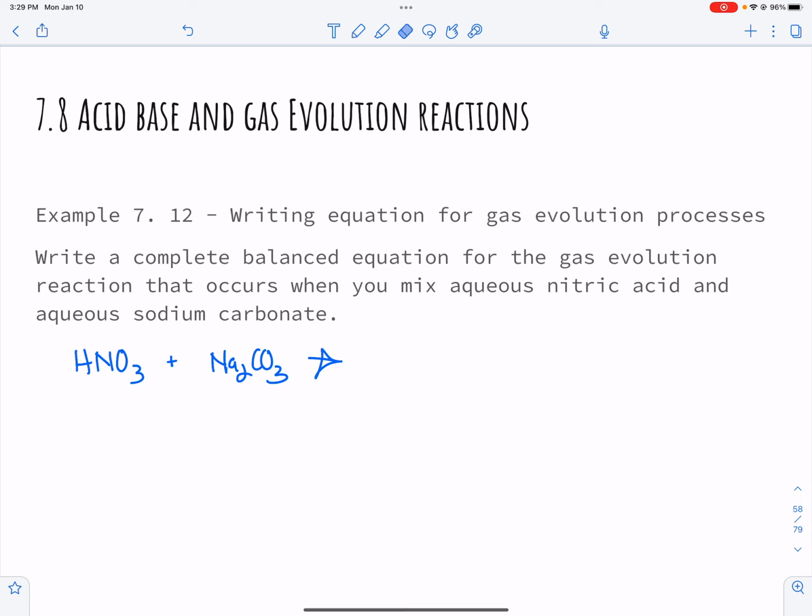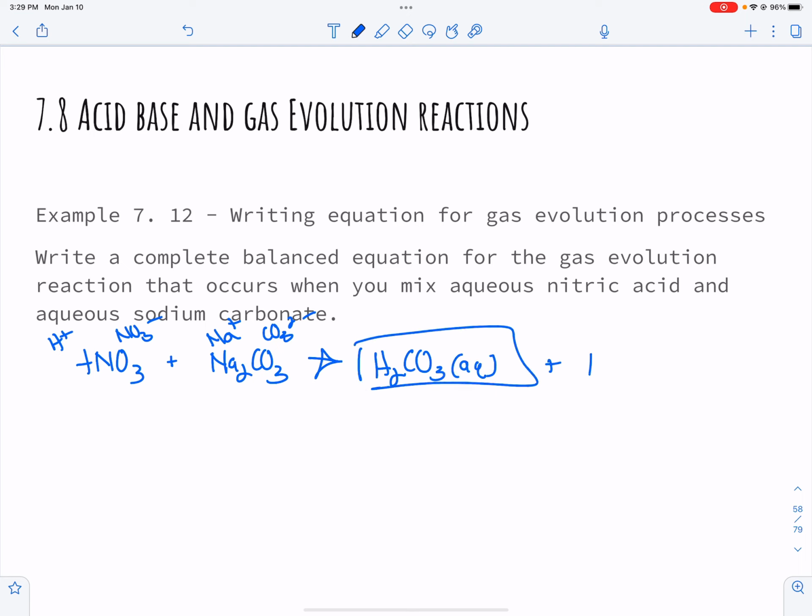So let's see, H+, NO3-, Na+, CO3 2-. So crisscross the charges. Again, I get that H2CO3, but this sticks out that this is going to decompose, and NaNO3. And this one, I'm going to have to balance it that way.